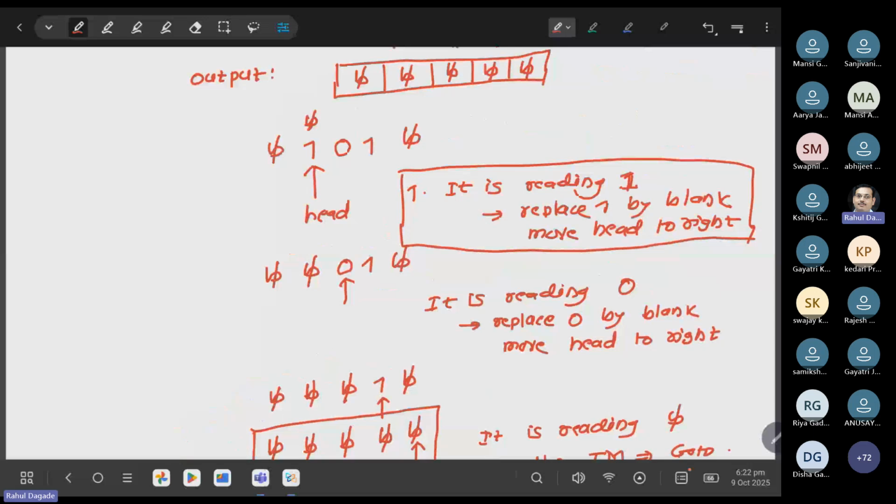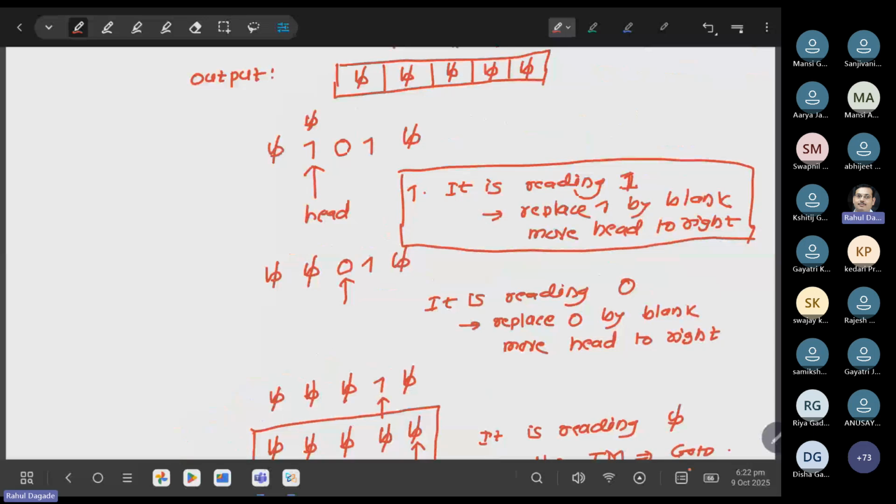This can be represented as blank, no movement. If there is no change, then there is no need to show output. So this is our Turing machine.